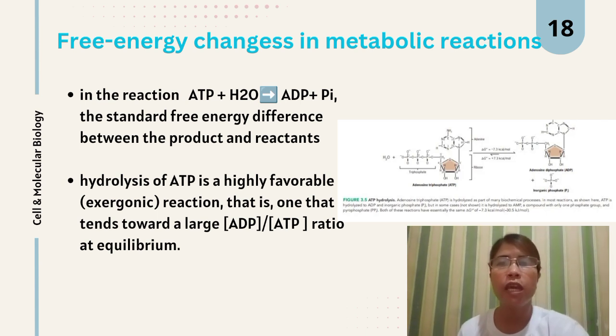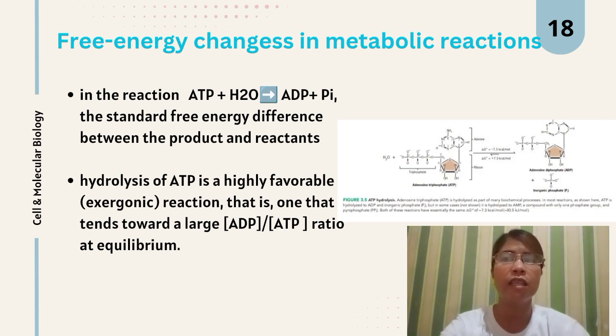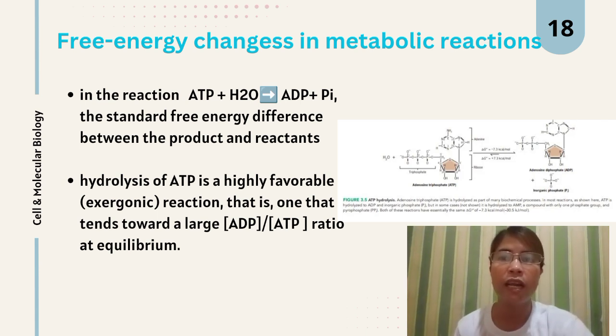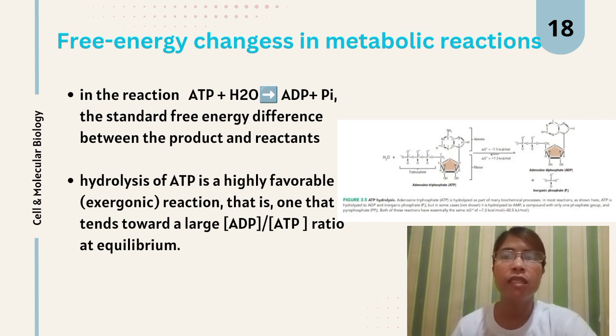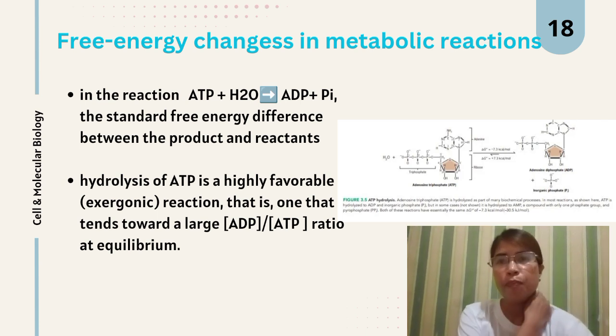So the reaction ATP plus H2O to ADP plus Pi, the standard free energy difference between products and reactants. So hydrolysis of ATP is a highly favorable exergonic reaction that tends toward a large ADP-ATP ratio at equilibrium.